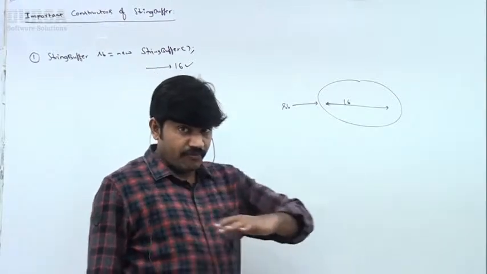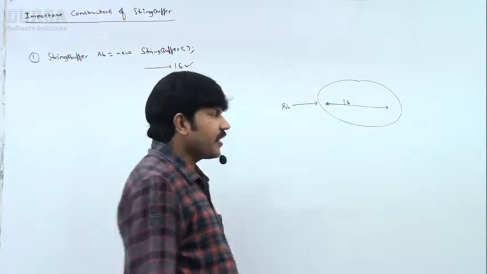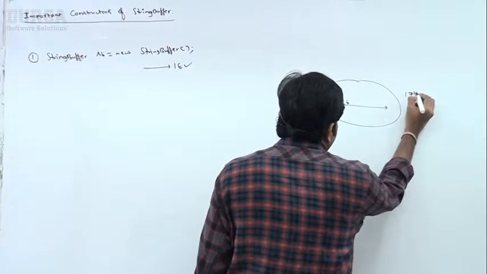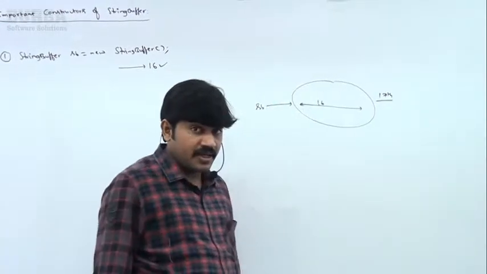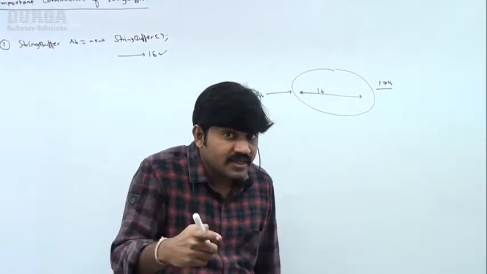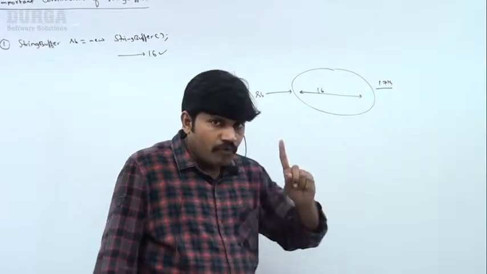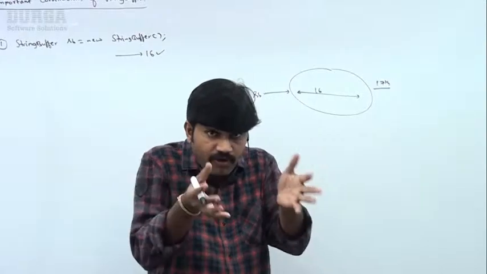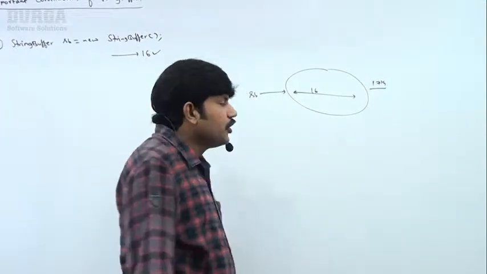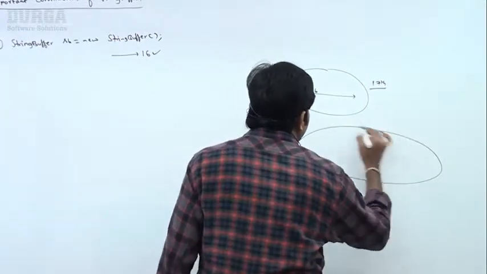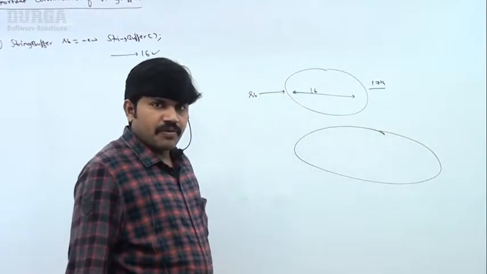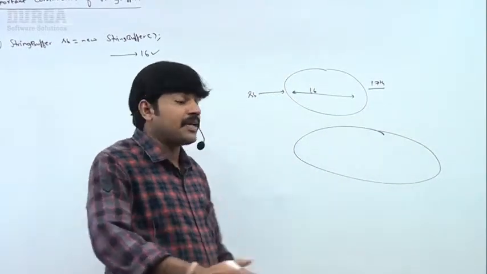So if the string buffer is full, but we are still trying to add the 17th character, what will happen? Same concept as in the case of collections. Once a string buffer is full to its capacity, a new string buffer object will be created with a bigger capacity.